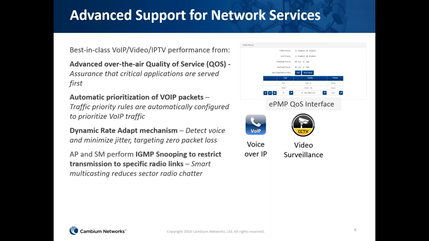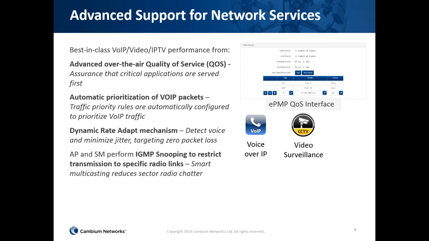So we also perform Internet Group Multicast Protocol snooping to restrict traffic of multicast video to specific radio links. If anyone has ever dabbled with multicast video, you will know that unless you have specific multicast provisions in your network, it basically functions exactly like broadcast and kind of defeats the point, to be honest, because multicast transmissions should be restricted to only those users that have signed up to that group to watch that video.